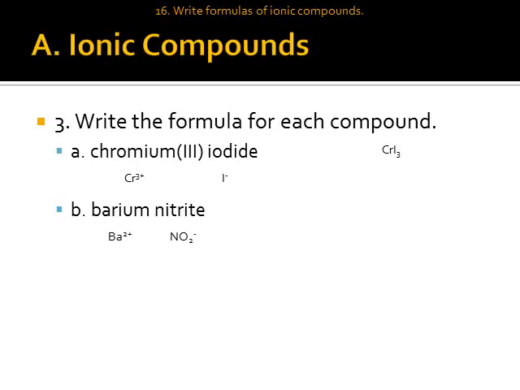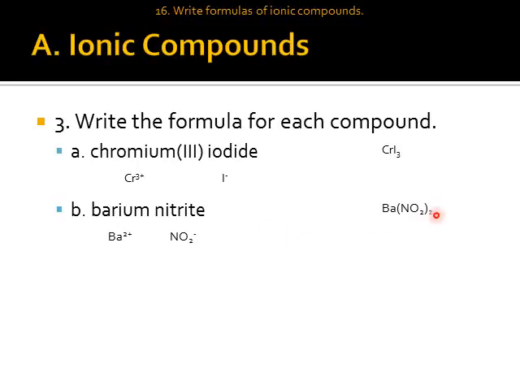And now you want to ask yourself, how many of each ion do we need so that the charges cancel? Well, the barium is 2 plus, and the nitrite is 1 minus. Remember, this whole thing is one ion. It has a 1 minus charge. So I need 2 nitrite ions to balance with the charge on the barium. So the formula for this would be Ba(NO2)2.